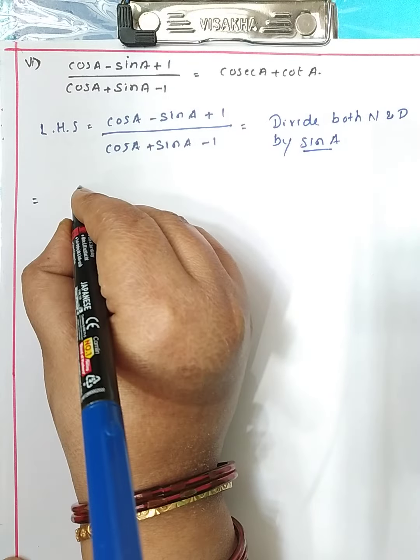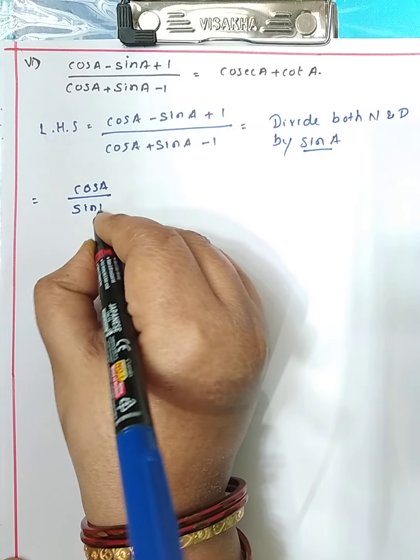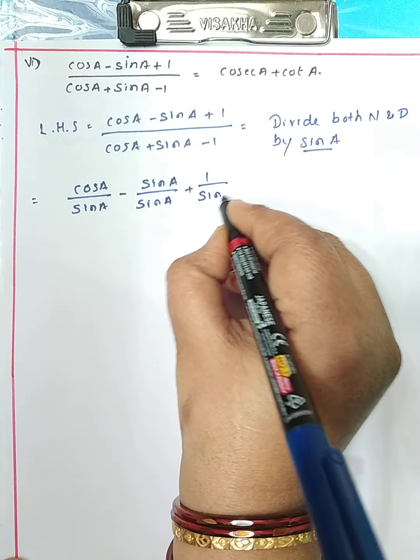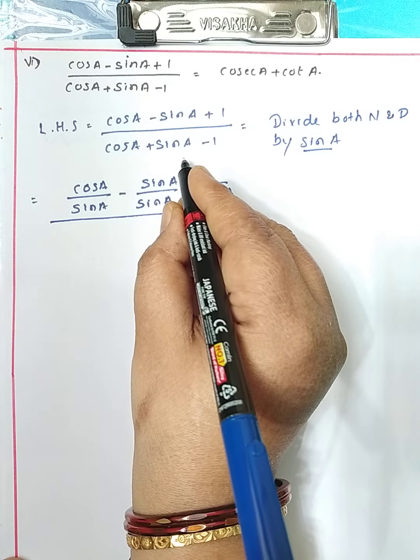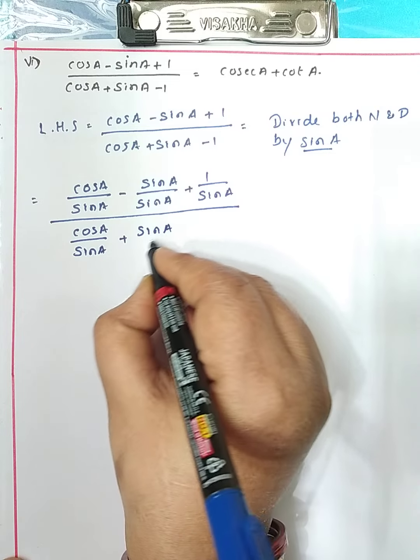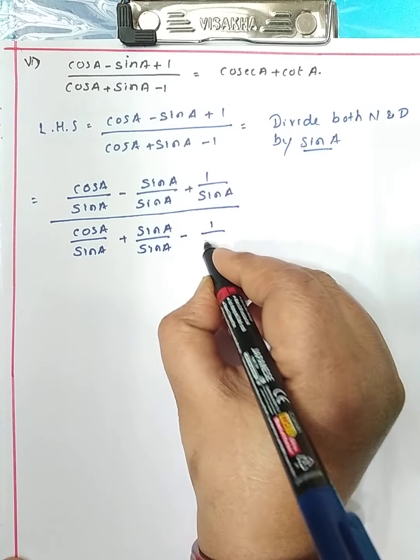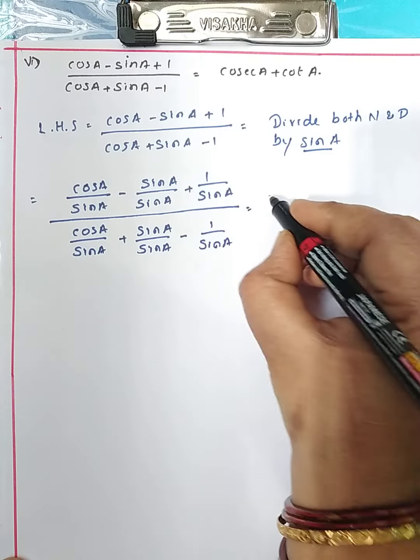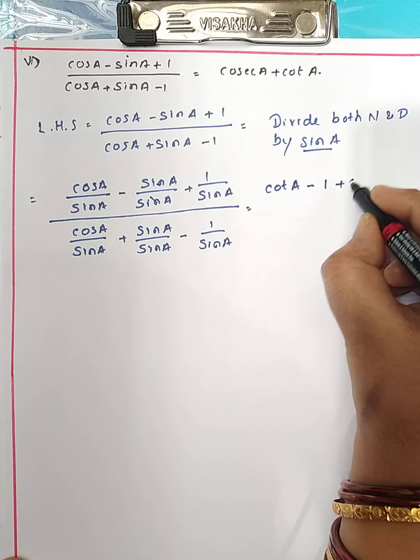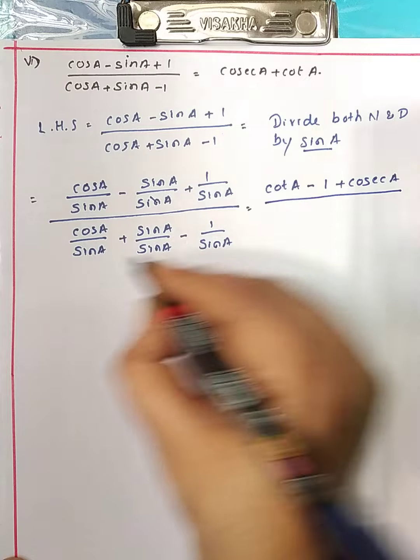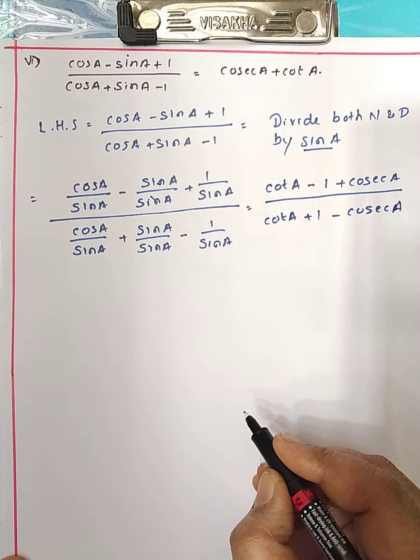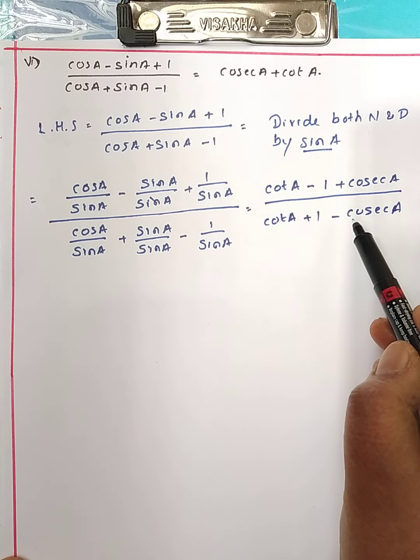sin A. That is cos A by sin A minus sin A by sin A plus 1 by sin A whole divided by, this also divided by sin A, that is cos A by sin A plus sin A by sin A minus 1 by sin A. Now cos A by sin A is cot A, minus 1, plus 1 by sin A is cosec A, whole divided by cot A plus 1 minus cosec A. Now we have got it in cot and cosec form.